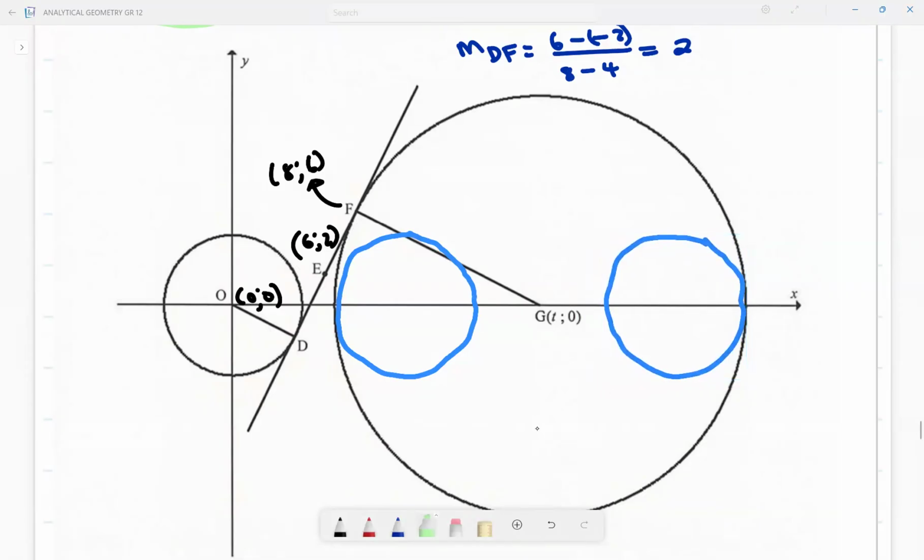These are the 2 points where my graph can touch. Remember the coordinates here are 20 and 0.